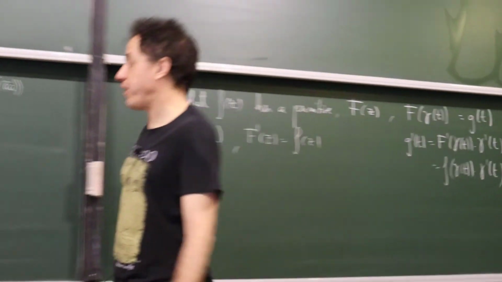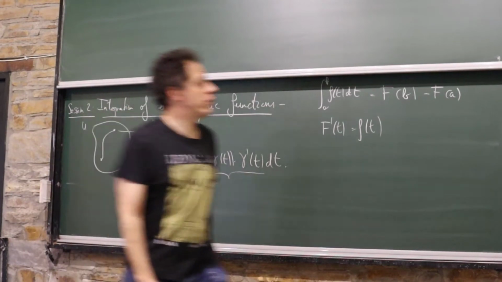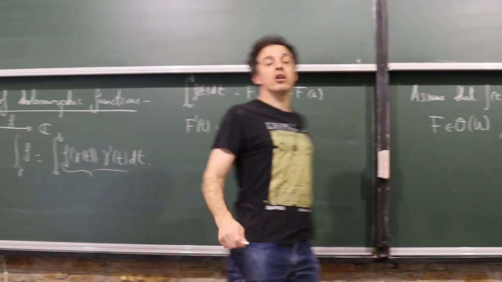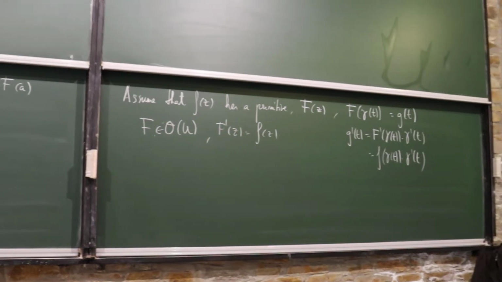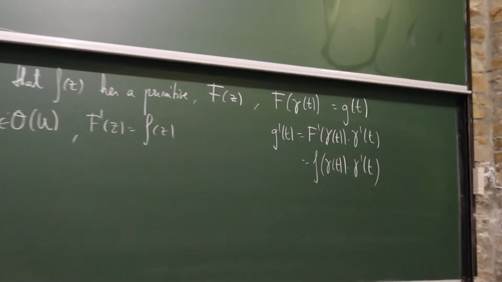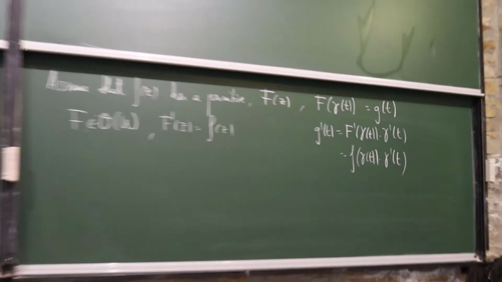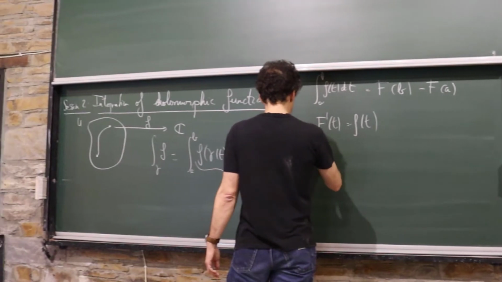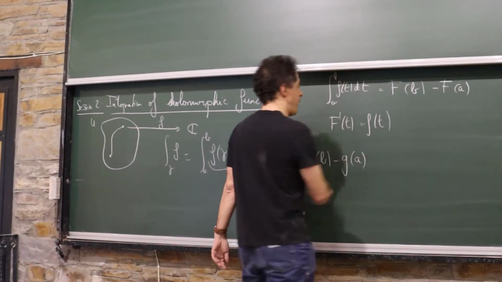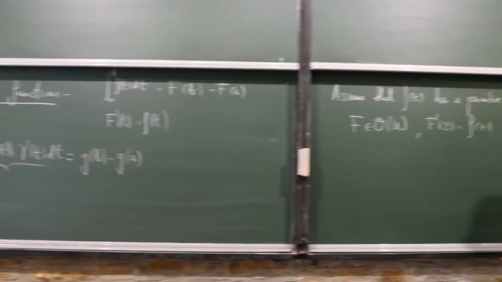So it's the expression you have here. So you have a primitive of this expression. Primitive of the expression would be the function g of t. So using the usual Barrow's rule of real calculus in one variable, with a slight modification, you know that it would be g of b minus g of a.